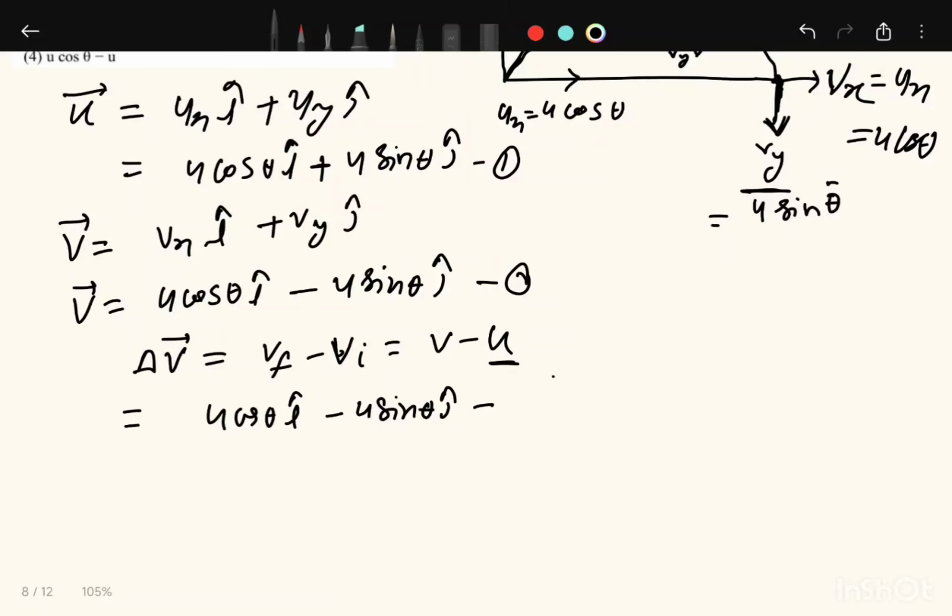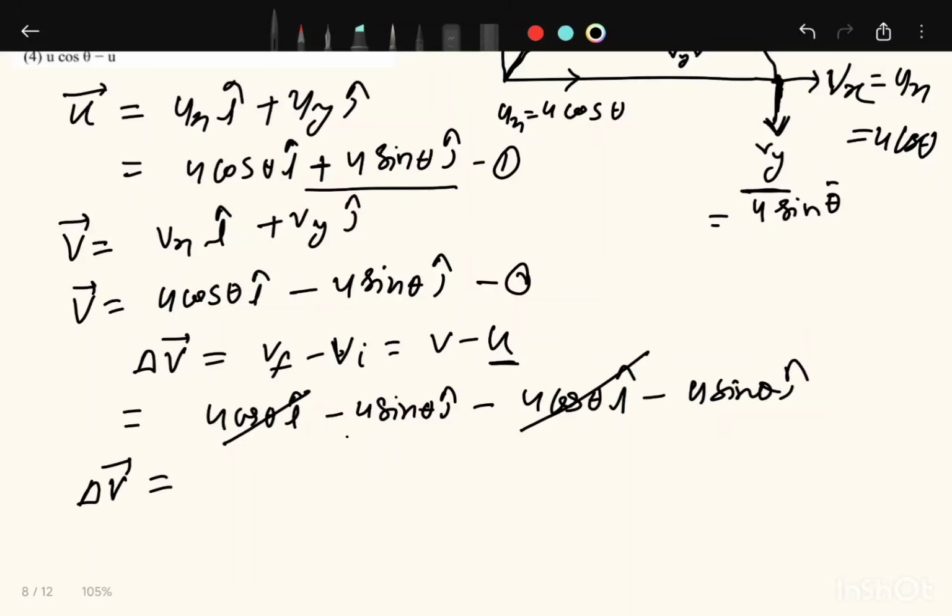Vi is your u, so u value is u cos theta i cap plus u sin theta j cap. So you can see u cos theta will cancel out with u cos theta, and your delta v will be minus u sin theta and minus u sin theta j cap. So it will be minus 2u sin theta j cap.